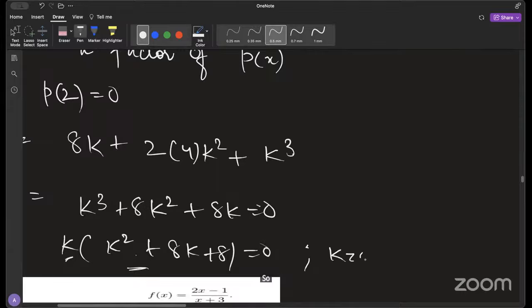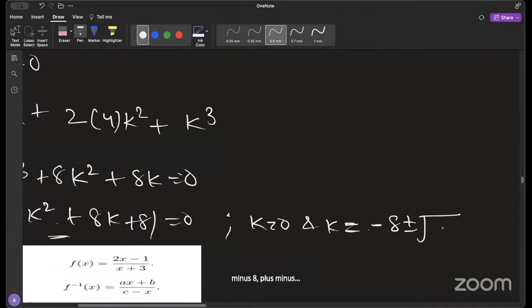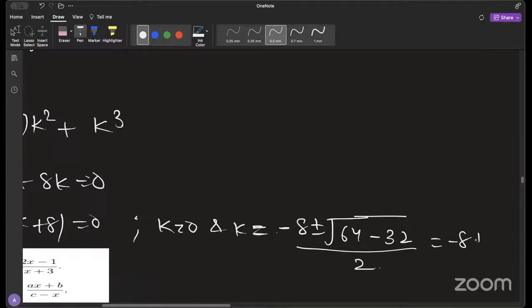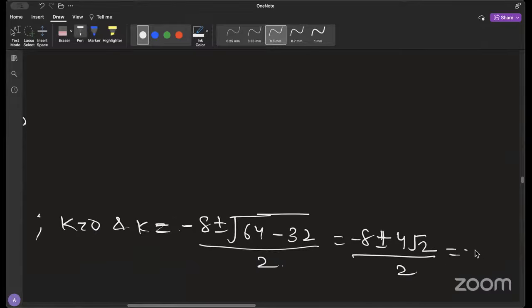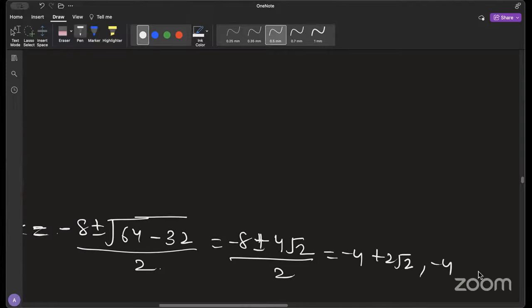So they are k equals 0 and k equals minus 8 plus minus the square root of b square, which is 64 minus 8 times 4, which is 32, by 2. This is minus 8 plus minus square root of 32, and it is basically 16 times 2, so it's 4 root 2. This is minus 4 plus 2 root 2 and minus 4 minus 2 root 2.